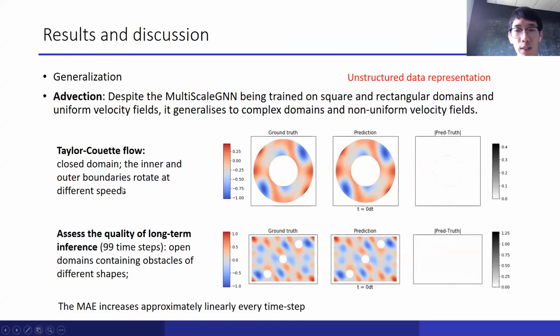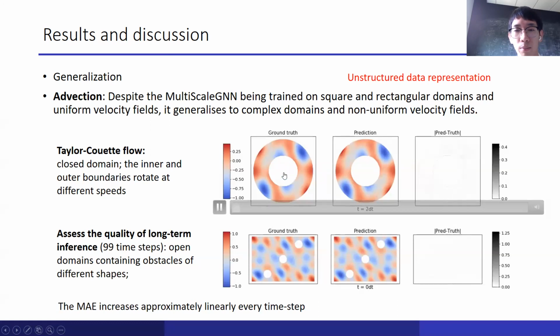Here are 2 examples. The first one is the Taylor-Couette flow, and this is the domain. The inner and outer boundaries rotate at different speeds, but in the same direction. So we know there is a shear flow for this problem.